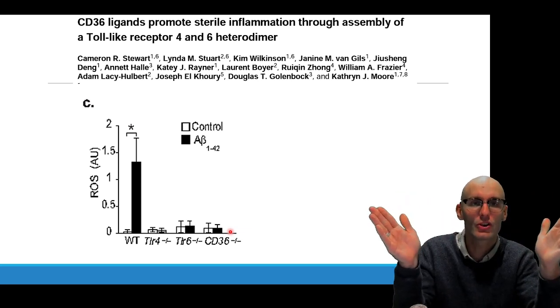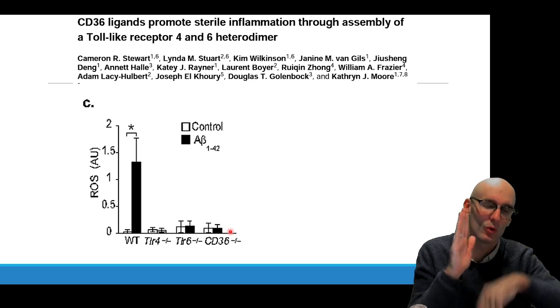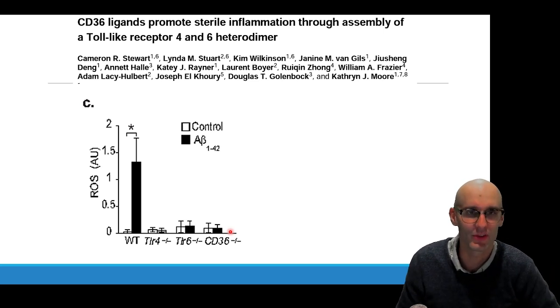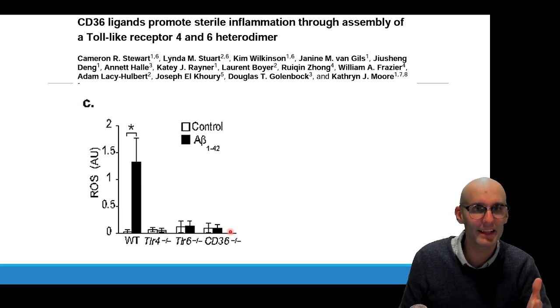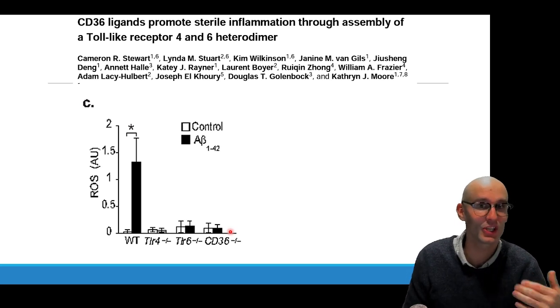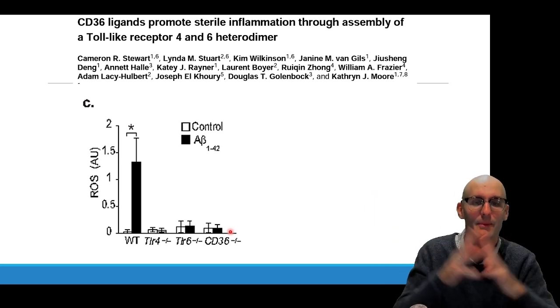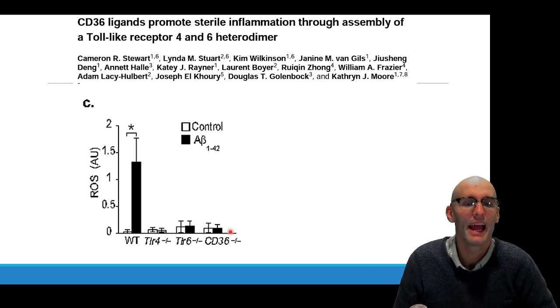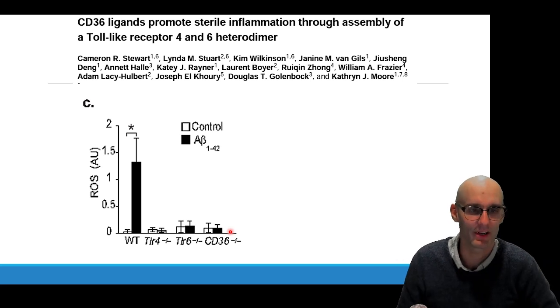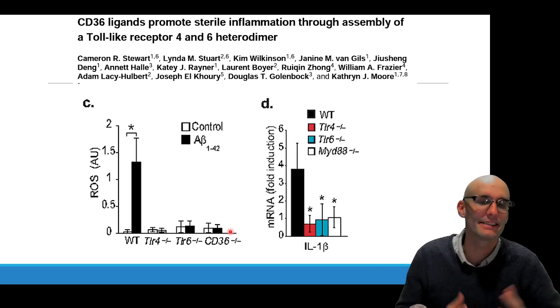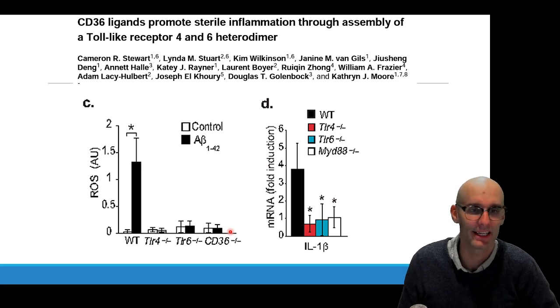You need those two receptors coming together in order to get the kinase activation and the production of those reactive oxygen species. But then they showed CD36 was essential too, and they think CD36 is doing the binding of the amyloid and then bringing together TLR4 and TLR6 into a heterodimer, and they showed that with a bunch of other experiments. And here it is here, but this time with an inflammatory cytokine, interleukin-1.